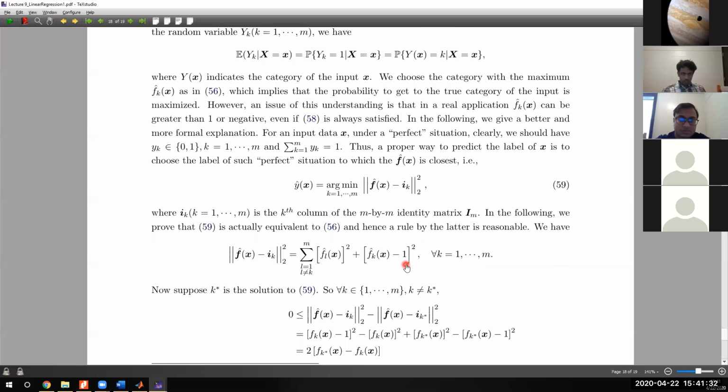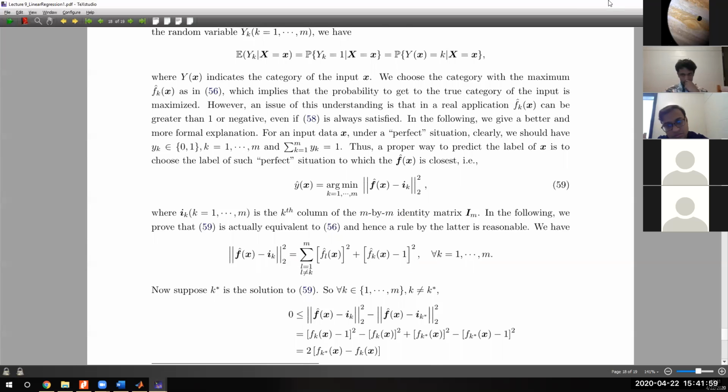Closest to 1, you cannot say it's the maximum one, because what if... actually, Said, you are correct. Actually, you can prove it. Why? Because the summation of them must be 1. So the one closest to 1 must be the... no, you cannot claim it. Because what if my Fx equals 2 point something? Yes, it's still the maximum. It must be the maximum, closest to 1. And Said, you are correct. You can definitely use this method to prove.